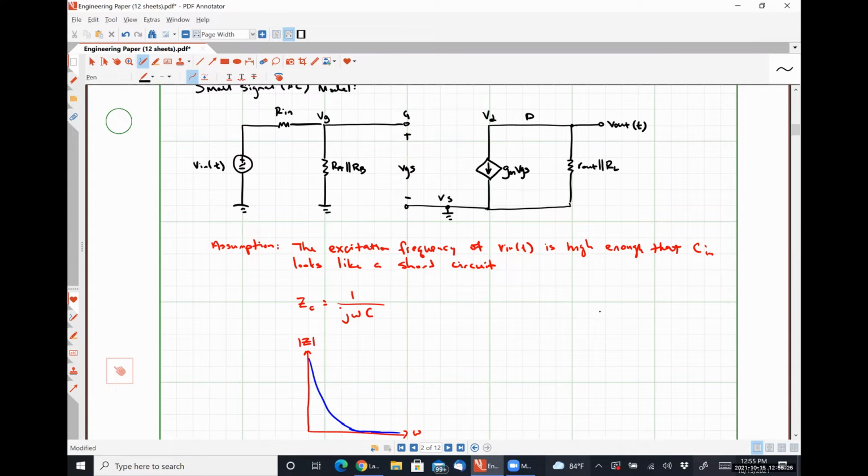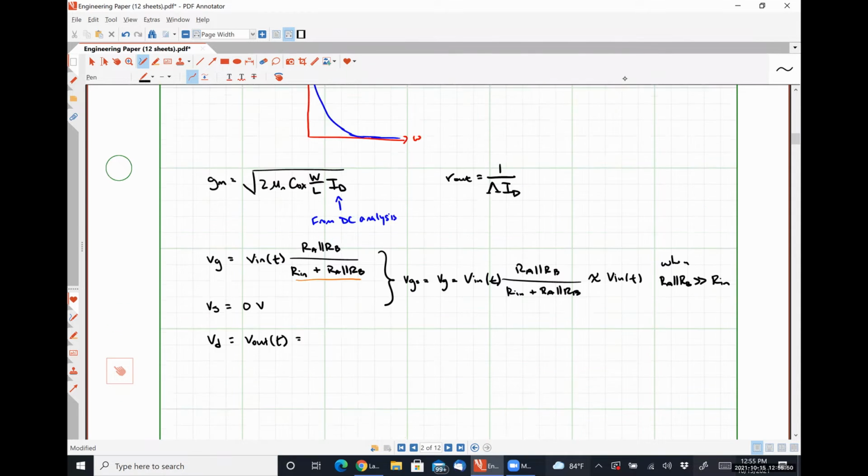VGS times the parallel. You're close. You're super close. We were forgetting something obvious. Well, I think it's obvious. Current's flowing in. If this is the positive polarity terminal and this is the negative polarity terminal, that current's flowing into the negative polarity terminal, so it'll be negative gm VGS times that resistance.